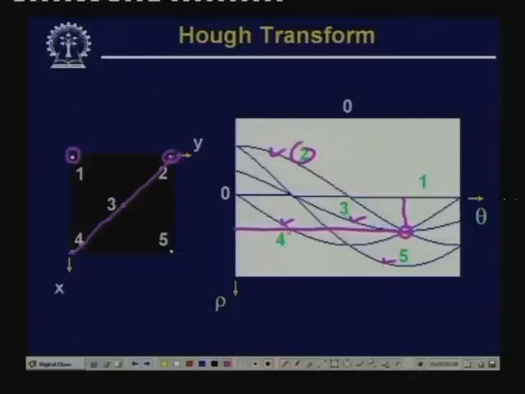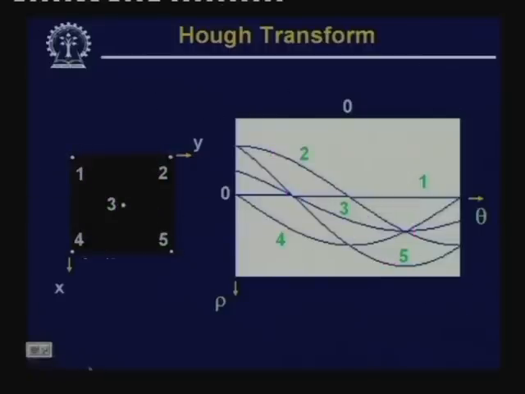So, from here I can get the parameters of the straight line on which these 3 points 2, 3, 4 are lying, and same is true for other cases as well. For example, 1, 3 and 5. You find that this is the curve for 1, this is the curve for 3 and this is the curve for 5, and all of them are meeting at this particular point. So, whatever the value of theta and rho I get, that is the parameter of the straight line passing through these points 1, 3 and 5.